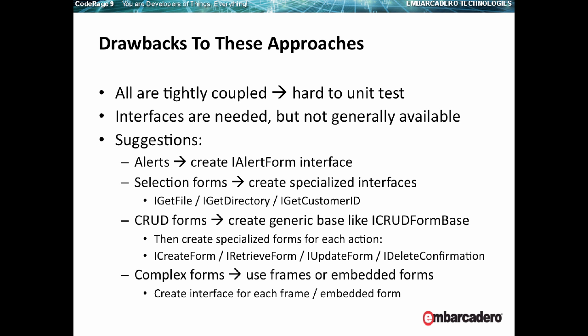CRUD forms are a little different. We might want to create a generic base like ICRUDFormBase, and then create specialized forms for each of the types of forms, which would be like create form, retrieve form, update form. And for the delete, there's not a form, but usually a confirmation. Complex forms, well, we might want to use frames or embedded forms on them and create an interface for each one as needed.